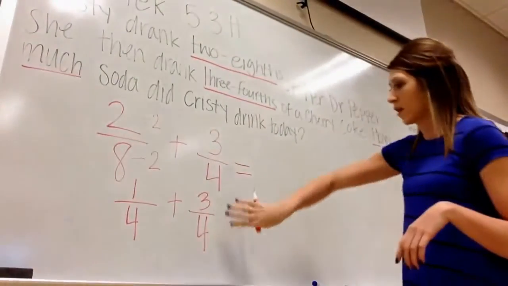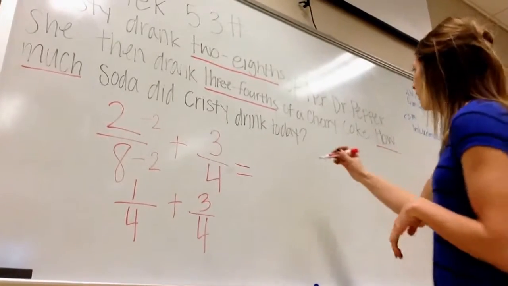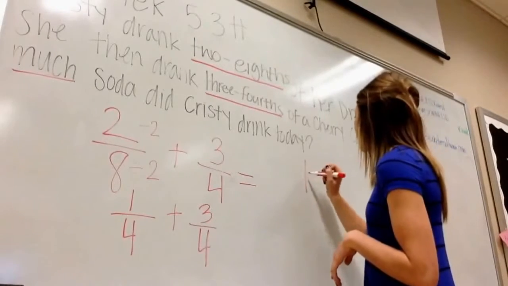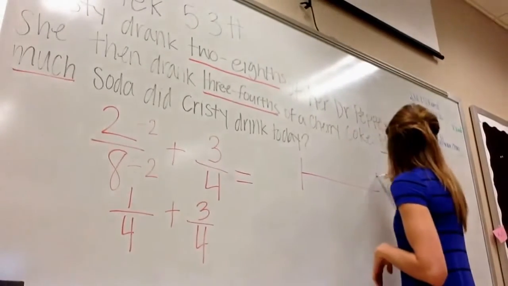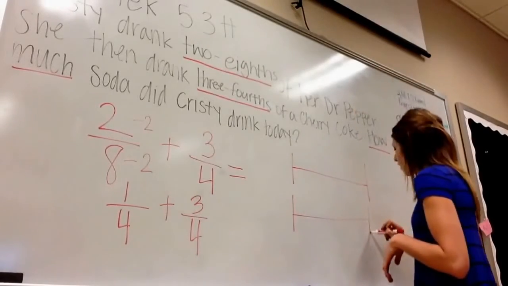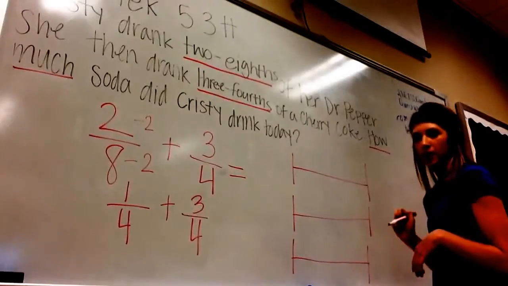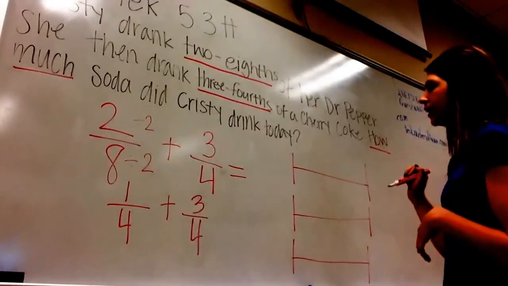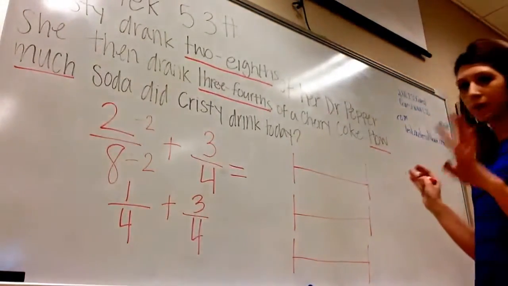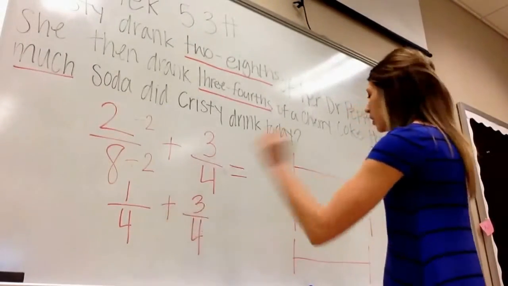We are going to solve this addition problem using our linear model. So let's go ahead and draw that out. There's one line. There's the second one for our second fraction. And here's our third model for when we add it all together. Let's section that into 4 parts because our whole is 4 equal parts.